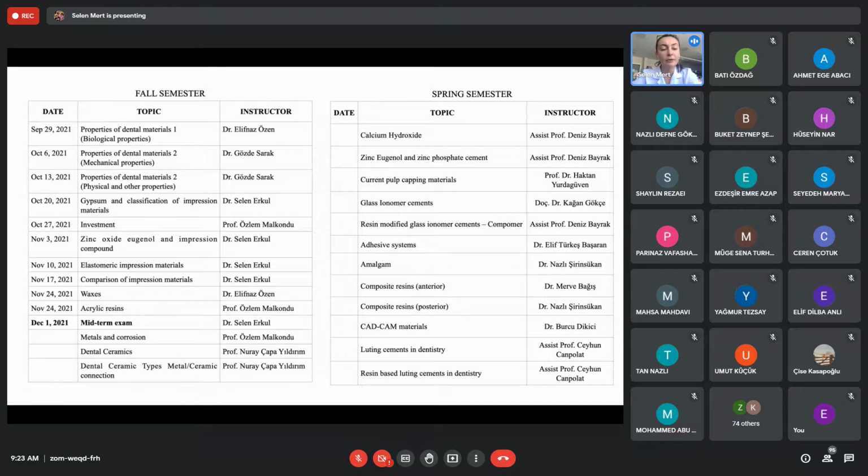As you can see in the left table, you have a midterm exam in the fall semester and also a midterm exam in the spring semester, but it is not written here. When the time is scheduled, we will let you know. After the midterm exam, you will have some other lectures also.